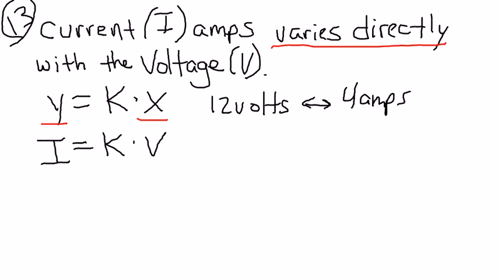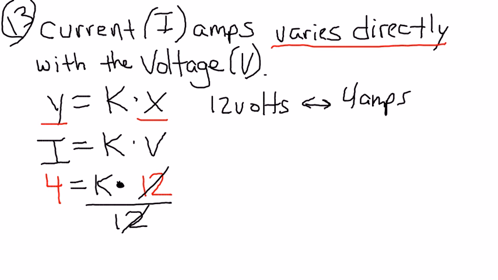With that example, ordered pair, we can plug that in. We replace the I, the current, with the 4, and the V with the 12. Now we can solve for K, our constant. We've got 4 equals 12 times K. To get the K alone, we divide both sides by 12.